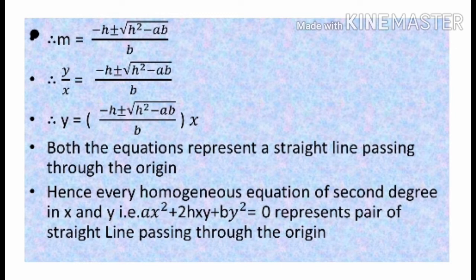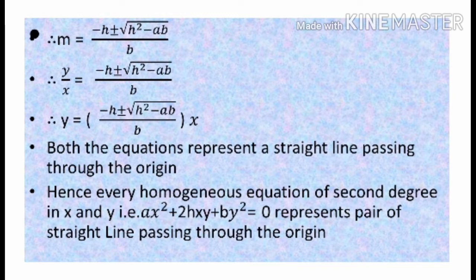So if h² − ab < 0, we get imaginary slope, and therefore the line is also imaginary. We can't trace the imaginary line. Therefore if h² − ab < 0, the lines are imaginary or the lines do not exist.